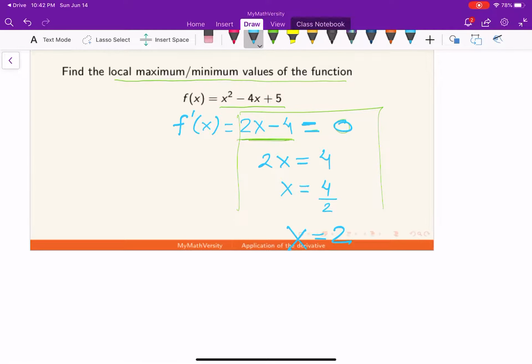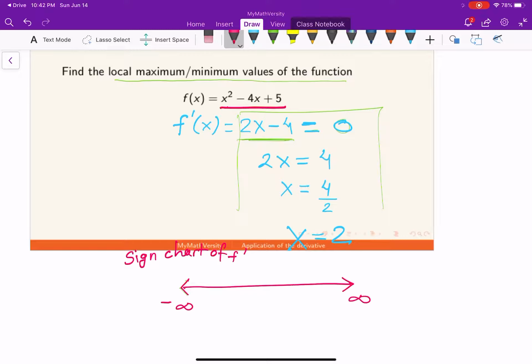Okay, we found that. Now to check the sign of f prime, because that's what we need, we will create the sign chart of f prime. How do you create the sign chart of f prime? We need to know the domain of the function, which in this case is all real numbers, the domain of x squared minus 4x plus 5.